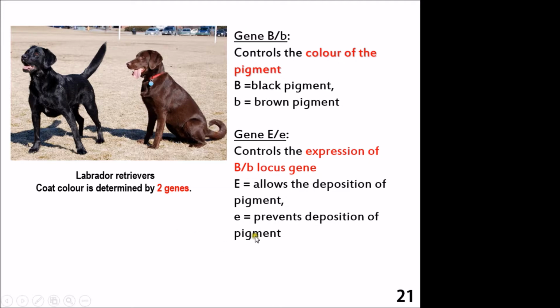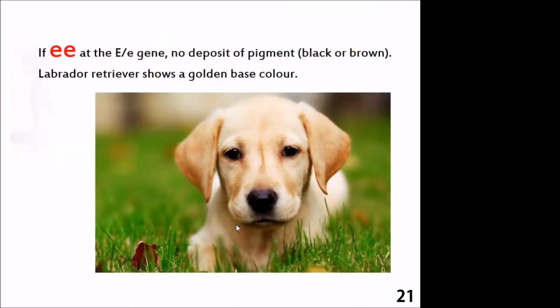However, if you have small e, you cannot allow the deposition of the pigments onto the dog. In other words, if you have small e, there will be no deposits of pigment. You won't see black dogs nor brown Labrador retrievers. You will see golden Labrador retrievers, the one we like.